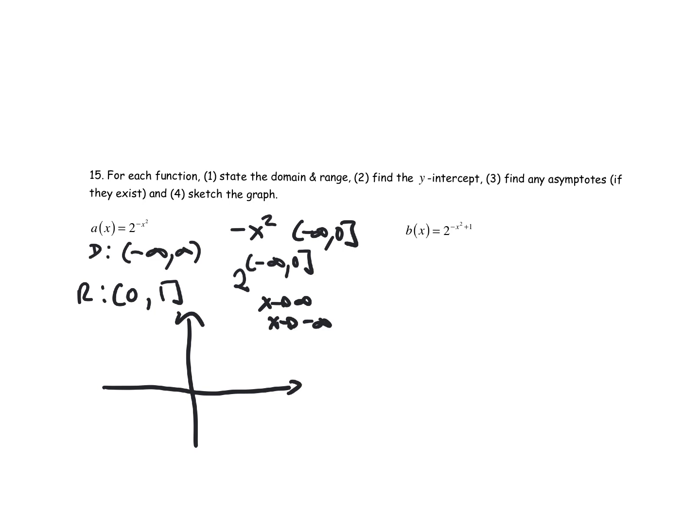So in both cases, as x gets huge, it will be going towards 0. So I've got this horizontal asymptote of y equals 0. And then the y-intercept, when I plug in 0 for x, I get 1. It's an even function. Plug in negative x, I get the same y value. And so it ends up looking something like this.